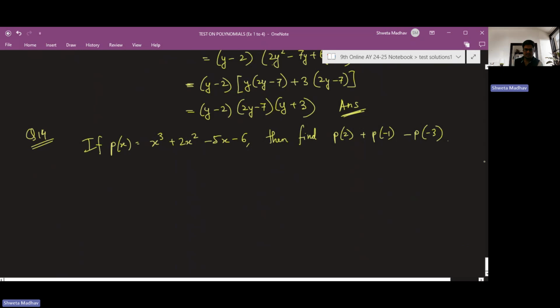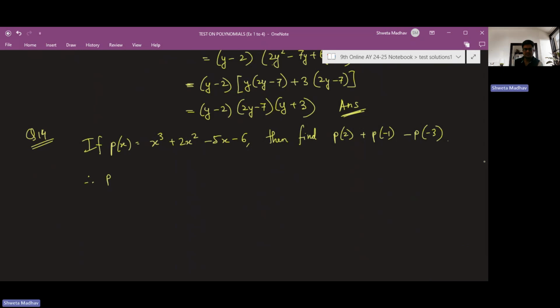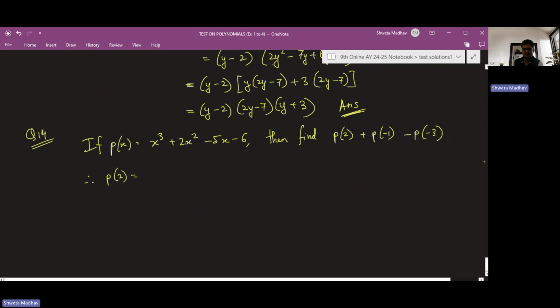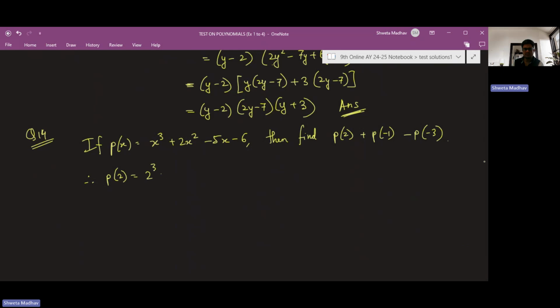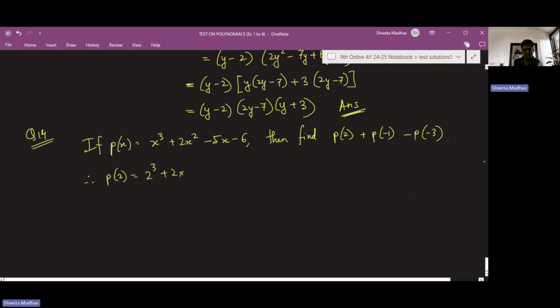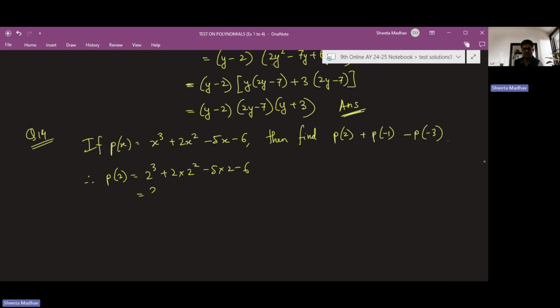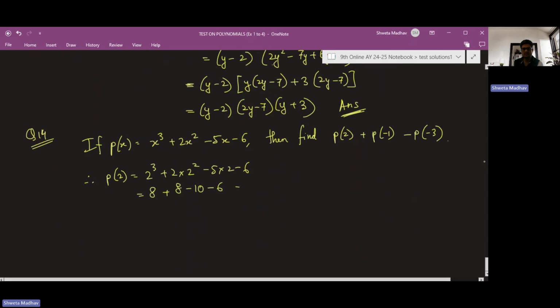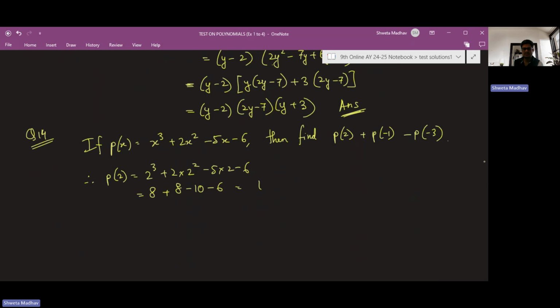So now, p of 2 means we need to put x equal to 2 here. So it will be 2 cube plus 2 into 2 square minus 5 into 2 minus 6. So this will be equal to 8 plus 8 minus 10 minus 6. So this is 16 minus 16, that is equal to 0.